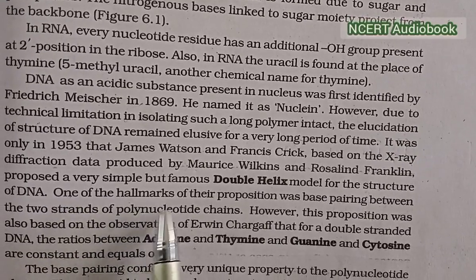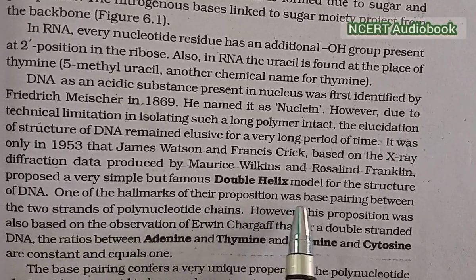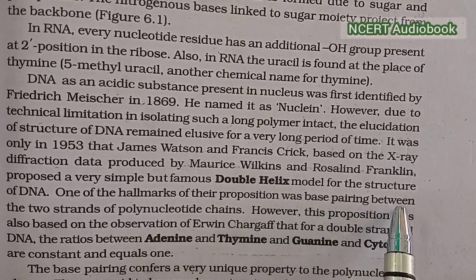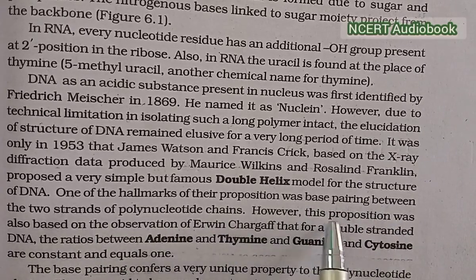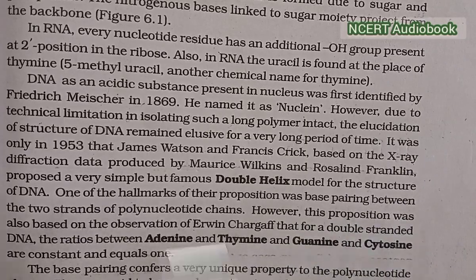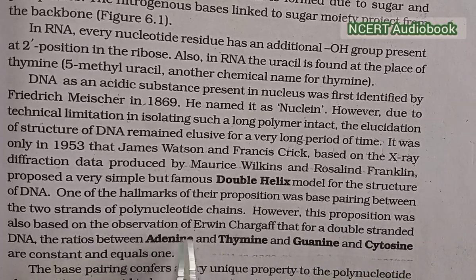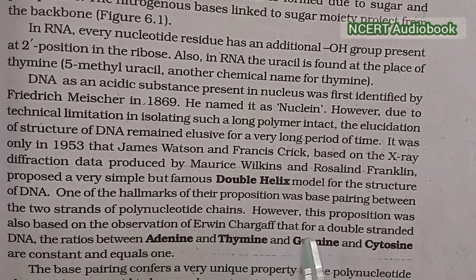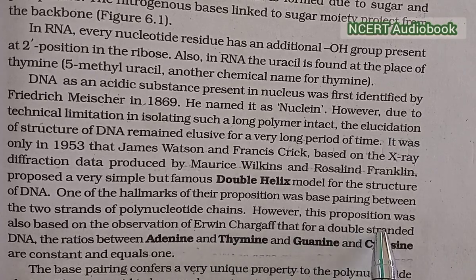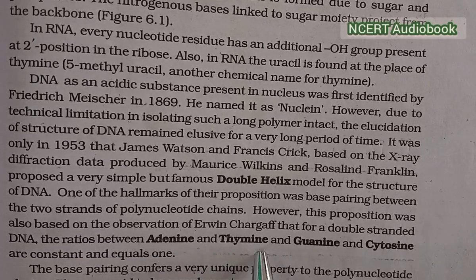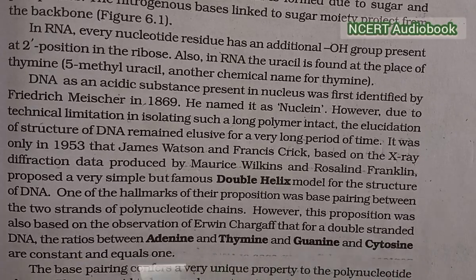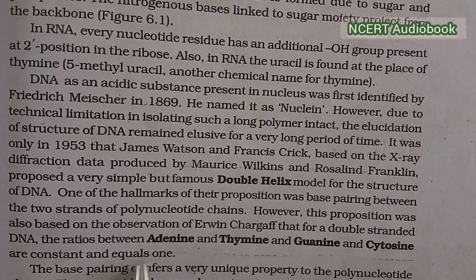One of the hallmarks of their proposition was base pairing between the two strands of the polynucleotide chain. This proposition was also based on the observation of Erwin Chargaff that for double-stranded DNA, the ratios between adenine and thymine and guanine and cytosine are constant and equal to 1.